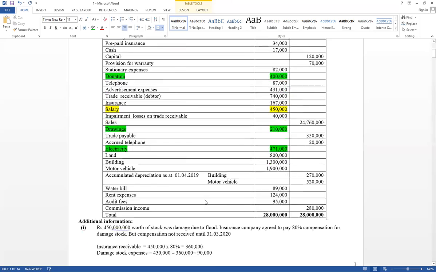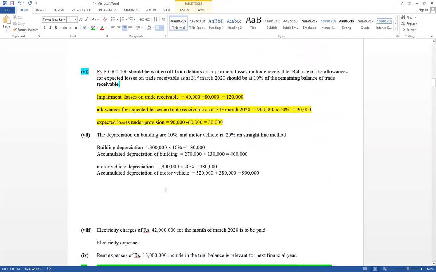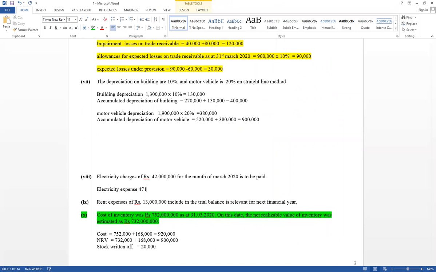This is paid in cash, 471,000. The income statement should include the total value, paid or not. Therefore 42,000 also should be added to 471,000. The correct value to be included in the income statement is 513,000, which includes 42,000 accrued electricity.